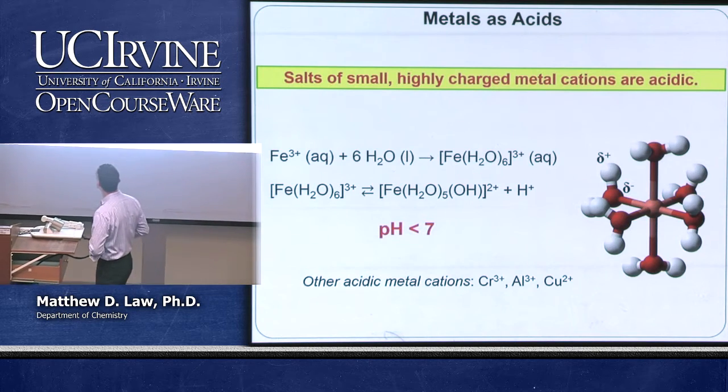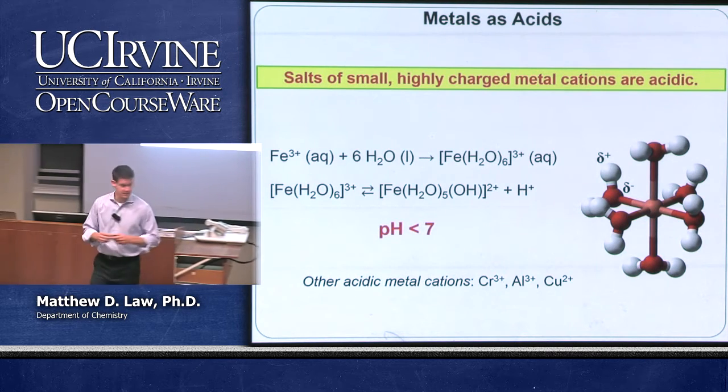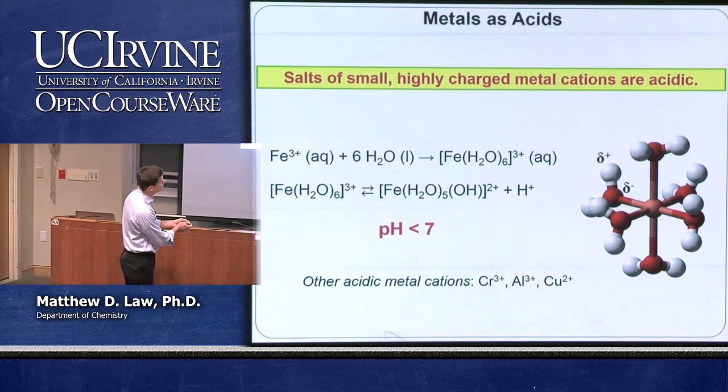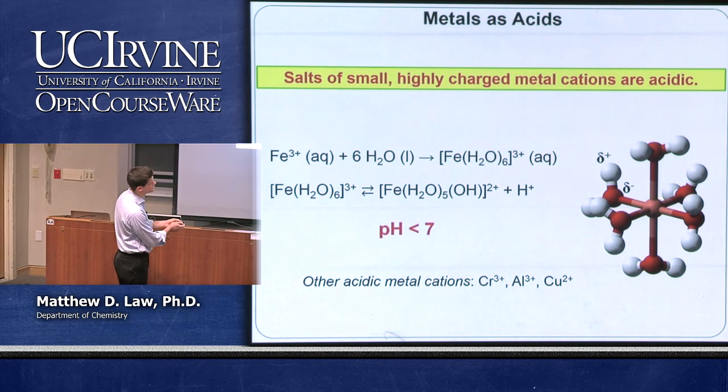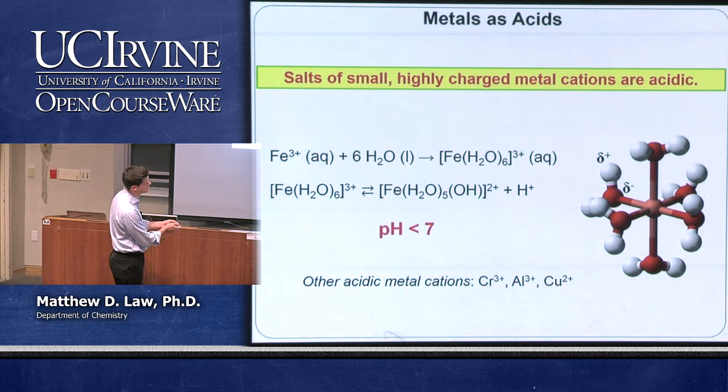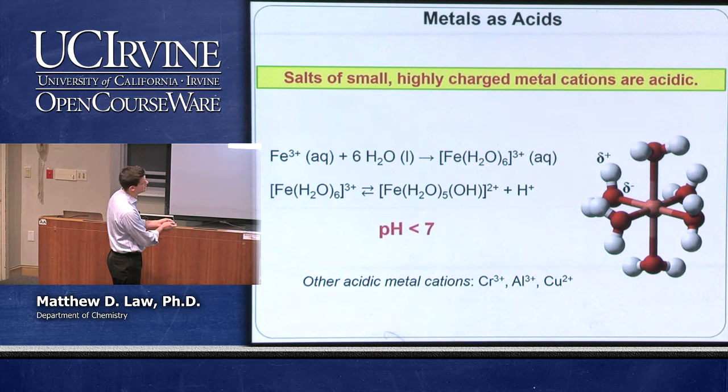So let's look at this a little bit more. This is the kind of thing that I was trying to describe. If we have a strong positive charge on the central metal, this is again a hexa-aqua complex here, we're going to pull electron density toward the metal, okay? And that's going to polarize the oxygen-hydrogen bonds. This is the hydrogen here in white and the oxygen here in red.